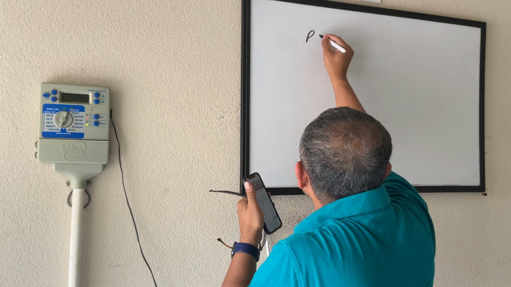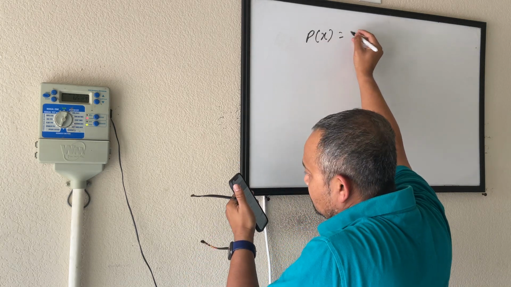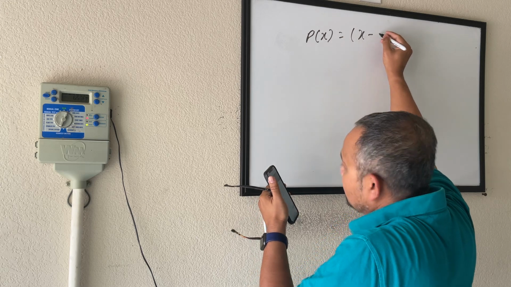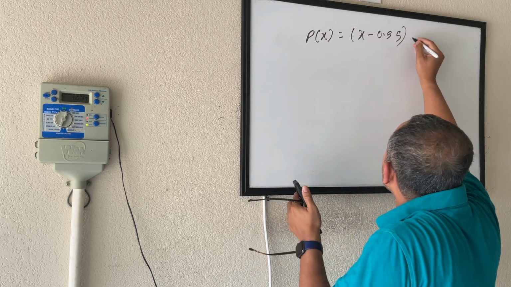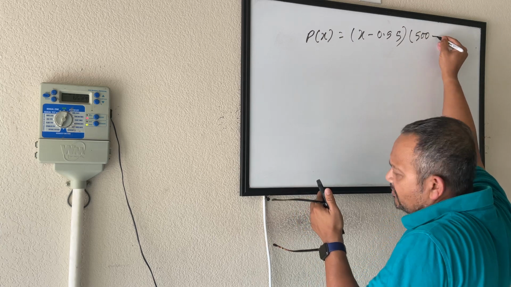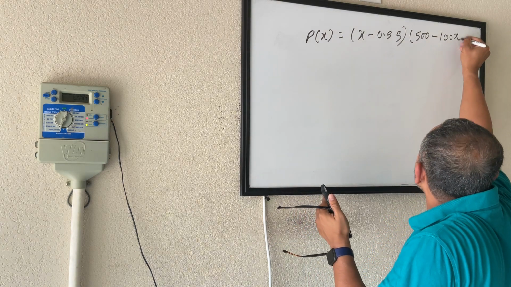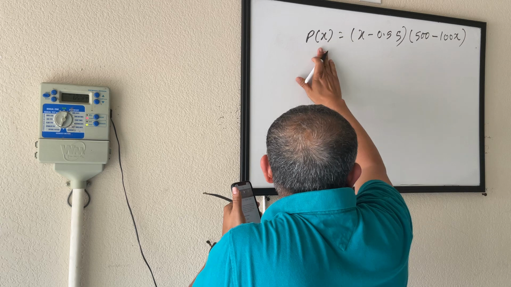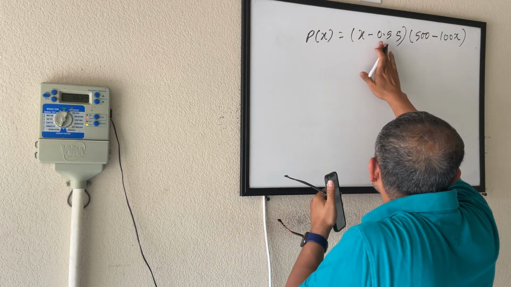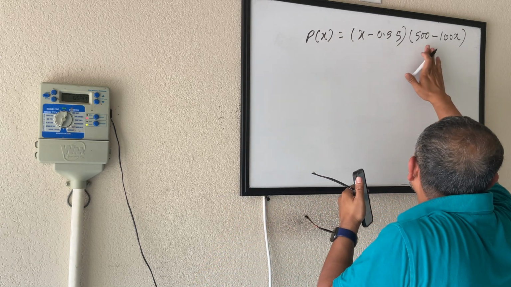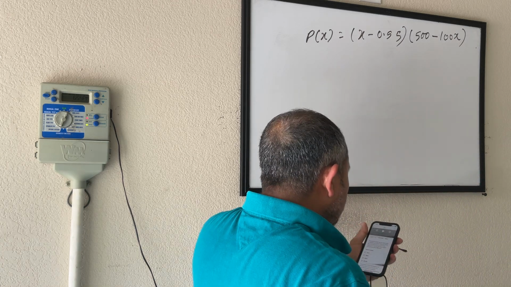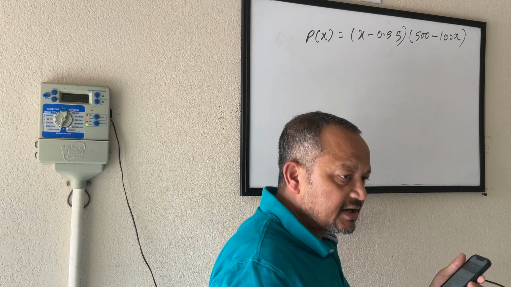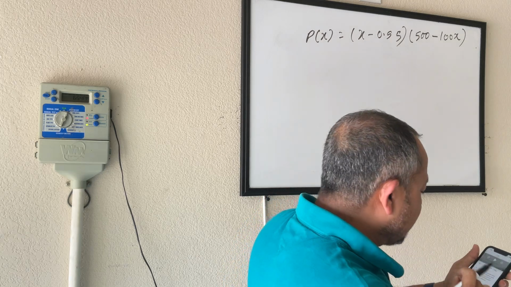The next problem is P of x equals x minus 0.95 times 500 minus 100x. Okay? Now the equation models P, the daily profit in dollars.